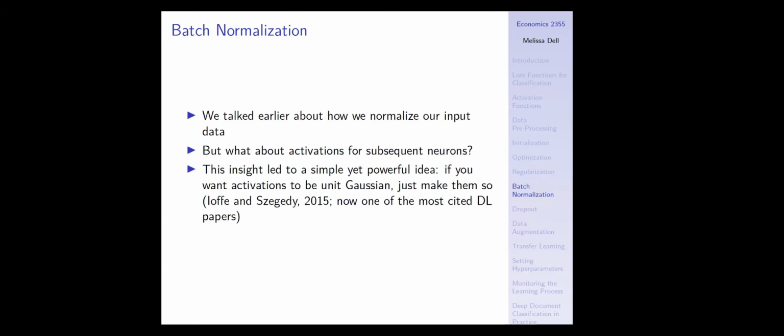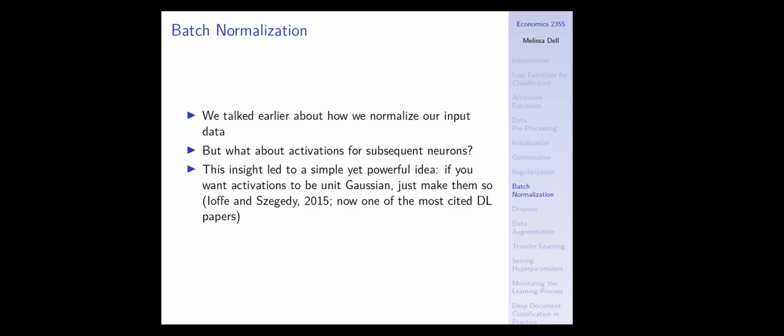Let's say you have ResNet 101, with 101 layers in your neural network. You've only normalized the inputs, not the activations in those 101 layers. And so this insight led to an idea that's very simple, but turned out to be incredibly powerful: if you want your activations to be unit Gaussian, just make them unit Gaussian.